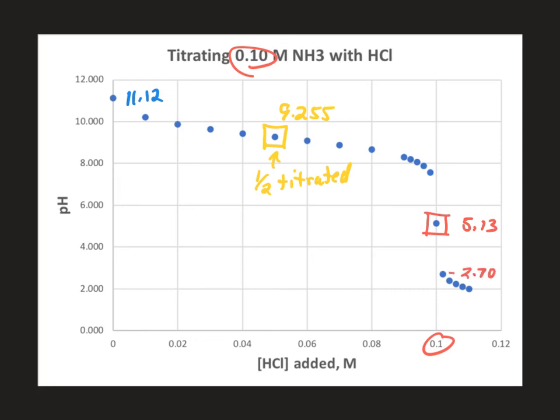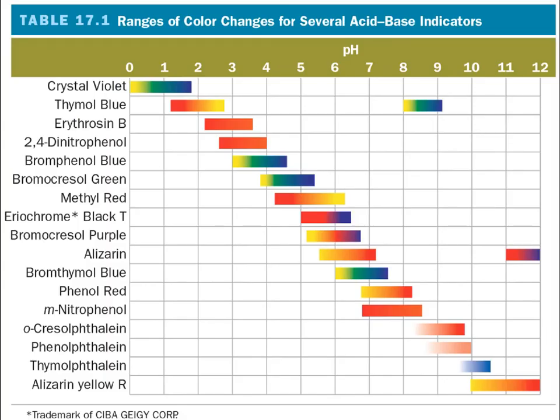This next point is 2.70. So we would want an indicator that changes below 5.13, but is done changing before we get down to 2.70.